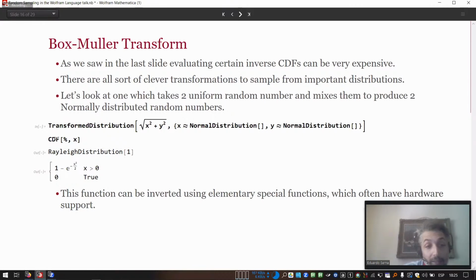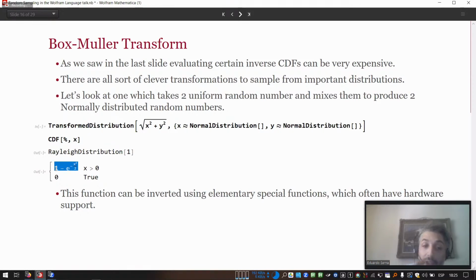So what it does is it uses the observation that the square root of a sum of the squares of two normally distributed random variables has a CDF that is easy to invert. The transformed distribution is the Rayleigh distribution with parameter 1. This is not very important. What's important is the CDF.